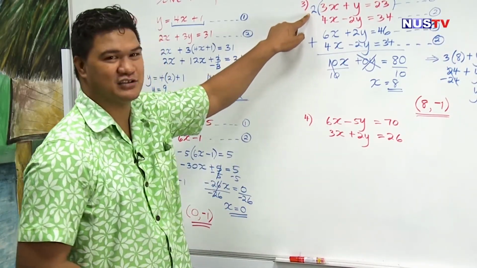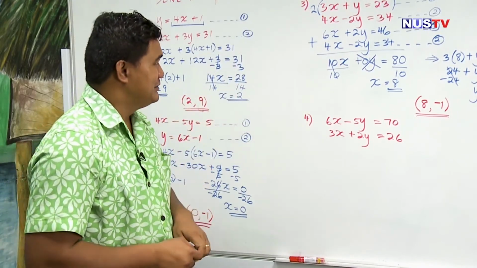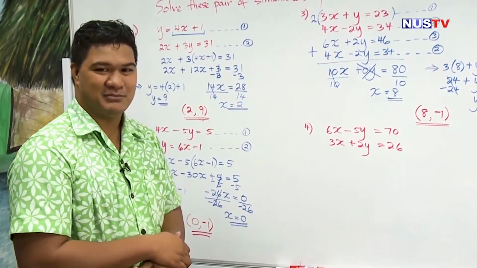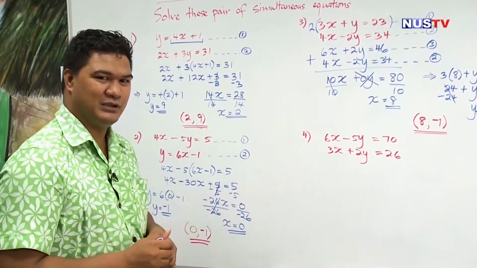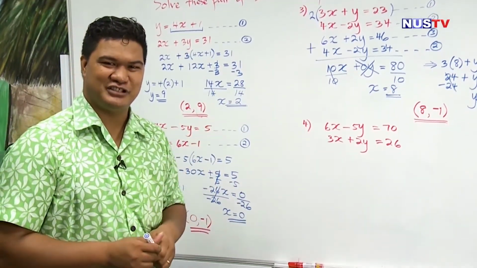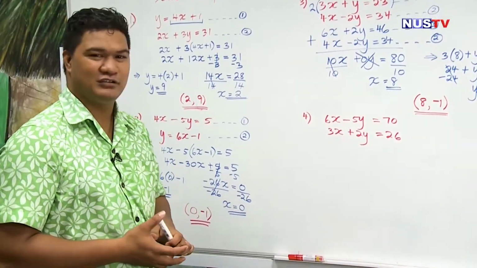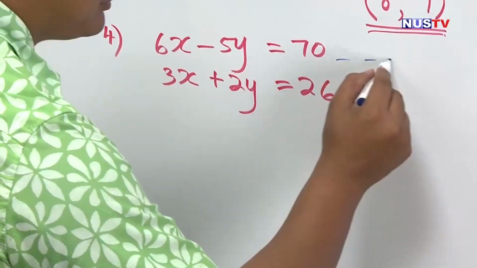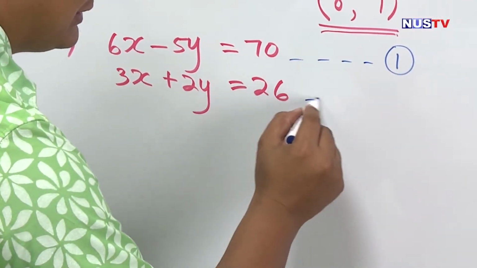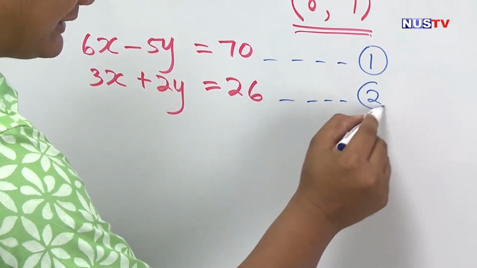We only multiplied the top one by 2. So what we are going to do here is multiply both of the equations using a certain coefficient given there. But before we do that, this is our labeling: equation 1 and this is our second one.